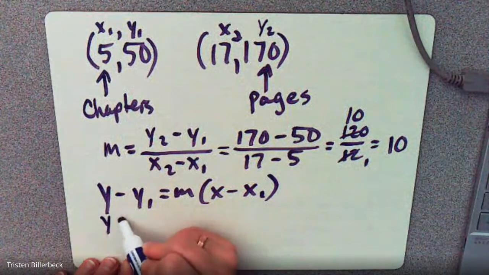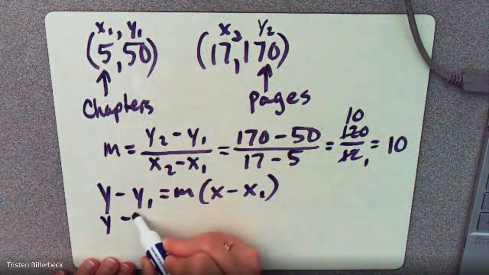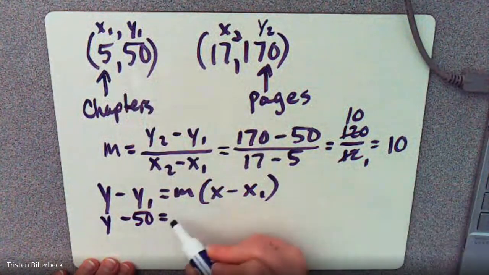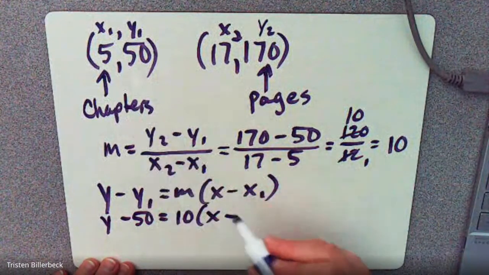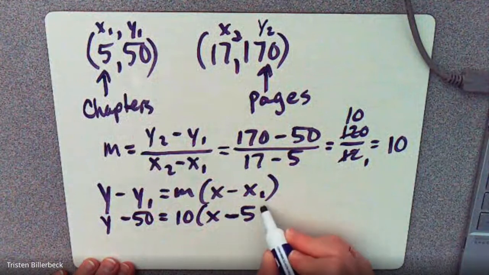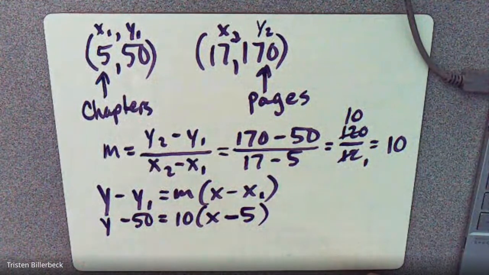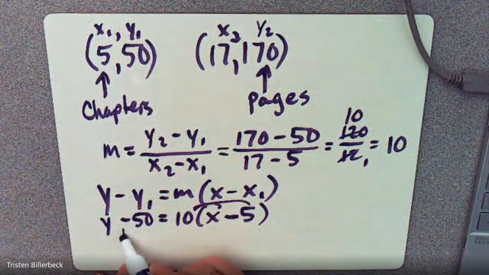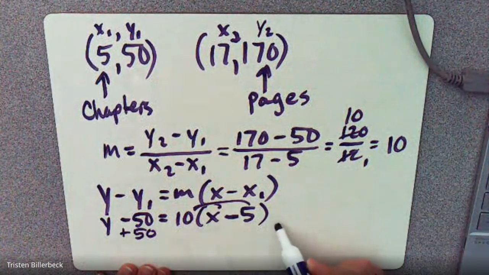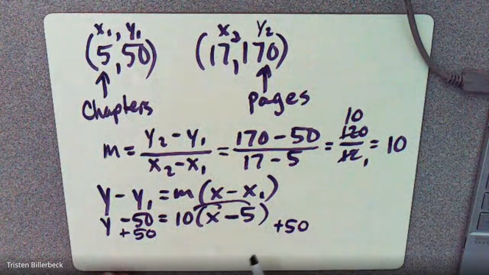So we have y minus y1, which was 50, equals 10 times x minus x1, which is 5. All right, so we're going to distribute, and we're also going to add 50 to both sides. So we'll do two things at once.